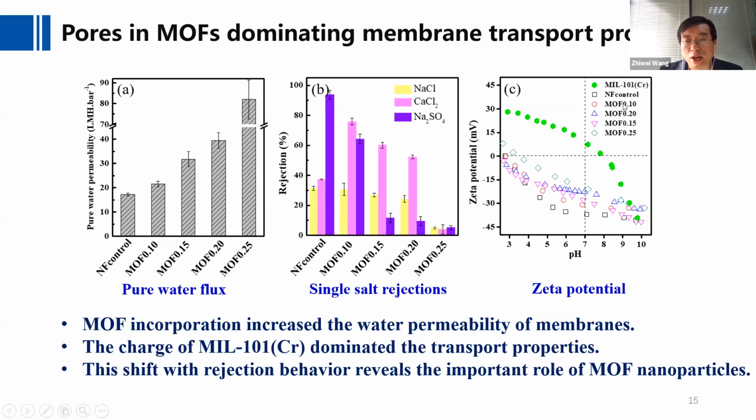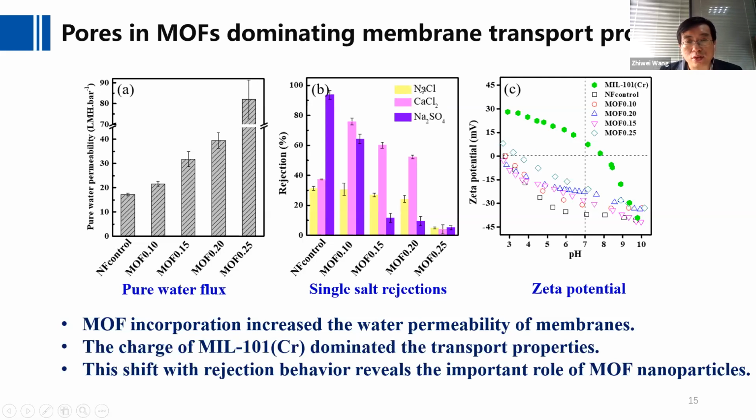So if we incorporate the MOF particles into the polyamide membrane, it will decrease the negative zeta potential, so it means the repulsion of the polyamide membrane with the negatively charged pollutants will be decreased. So that's why, for calcium chloride, due to the presence of calcium, the repulsion of calcium and the polyamide membrane will be increased.